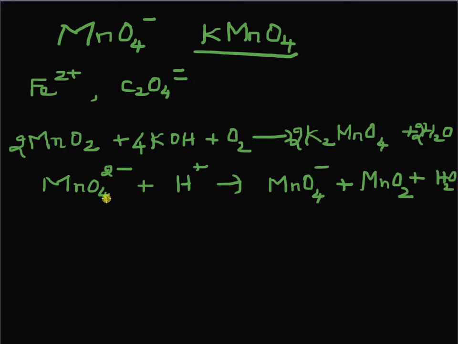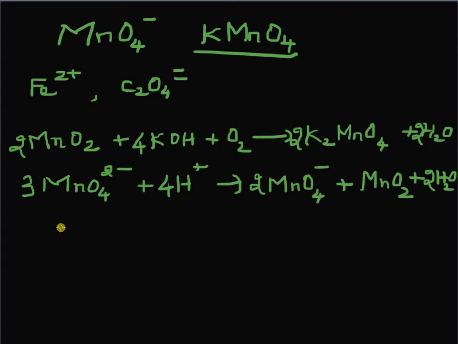You can find that this is a disproportionation reaction: 3MnO4 2 minus plus 4H plus giving 2MnO4 minus plus MnO2 plus 2H2O. Instead of acidifying, you can also electrolytically oxidize the manganate ion to get permanganate.